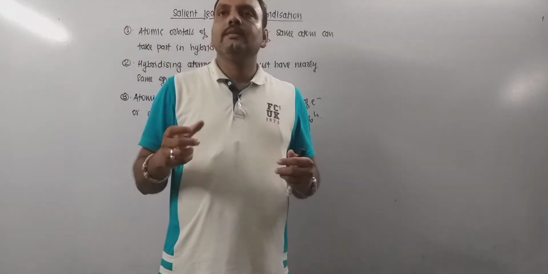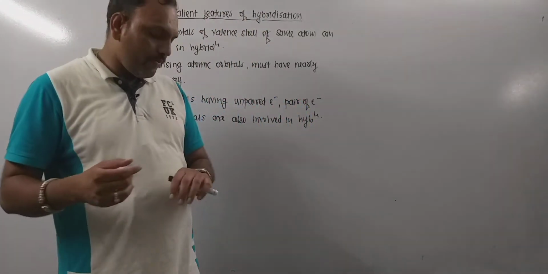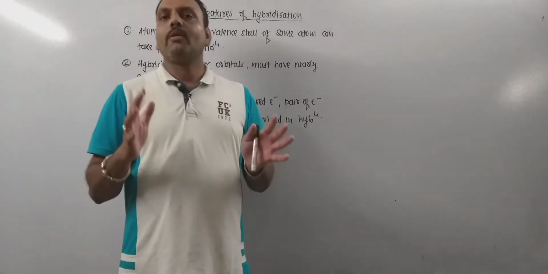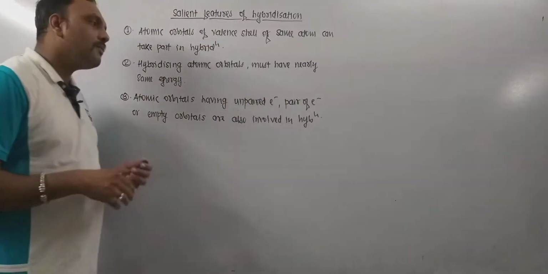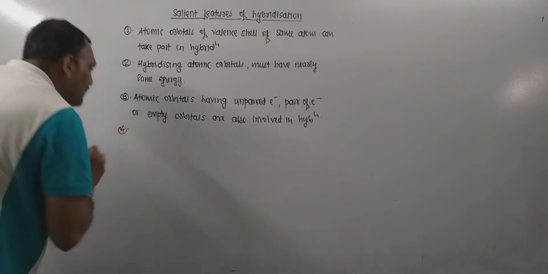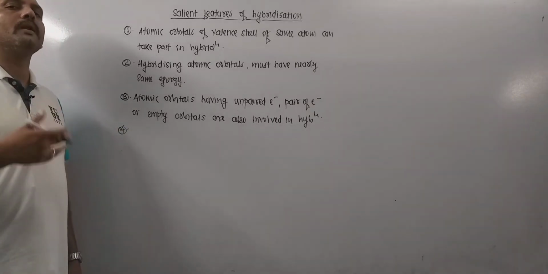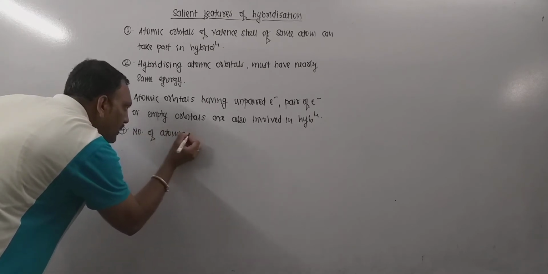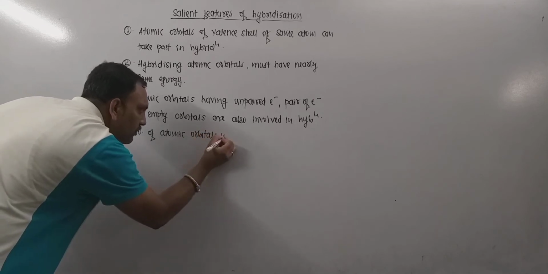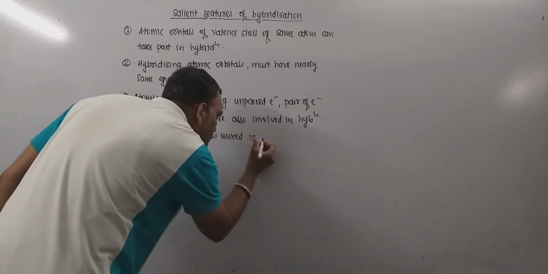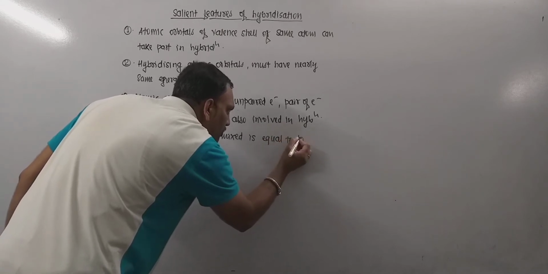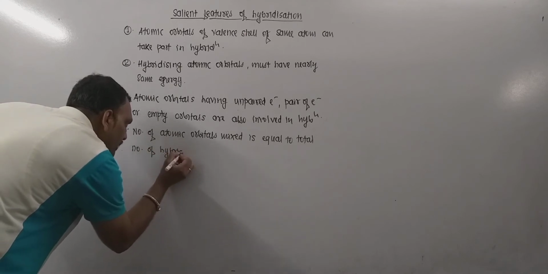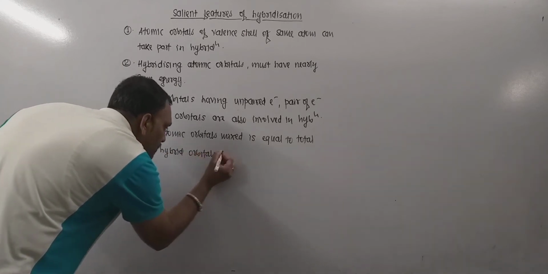Now the number of newly formed hybrid orbitals depends upon the number of atomic orbitals participating. So remember, the number of atomic orbitals mixed is equal to the total number of hybrid orbitals formed.